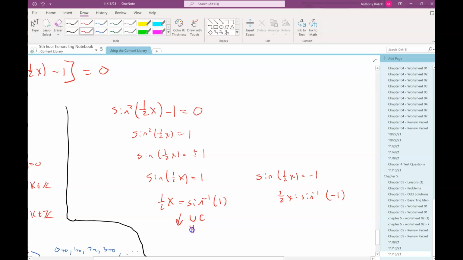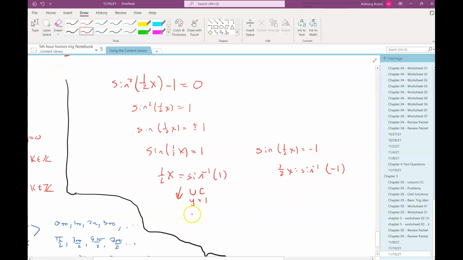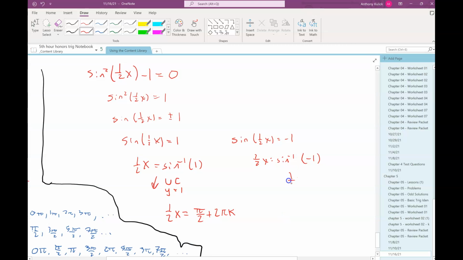Go to the unit circle where y is equal to 1. That happens specifically at pi over 2. And do the same thing. This happens specifically at 3 pi over 2.